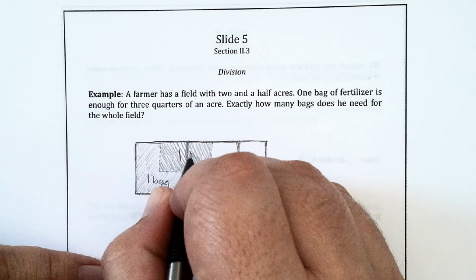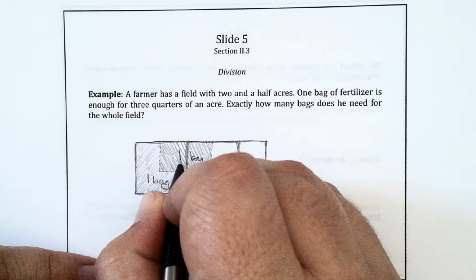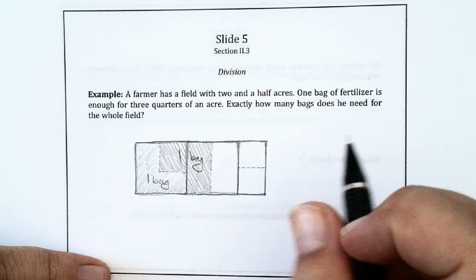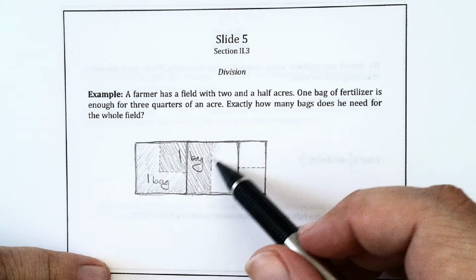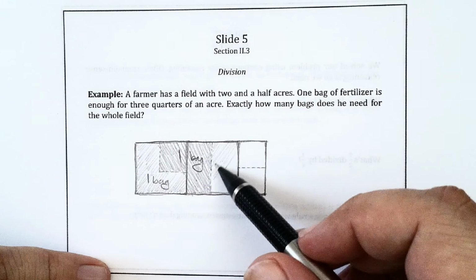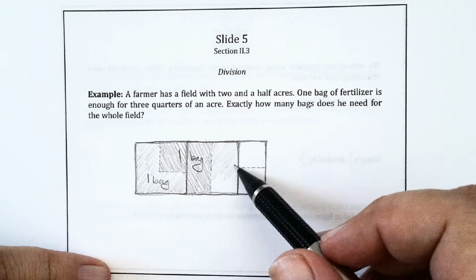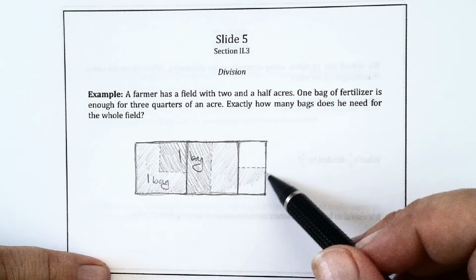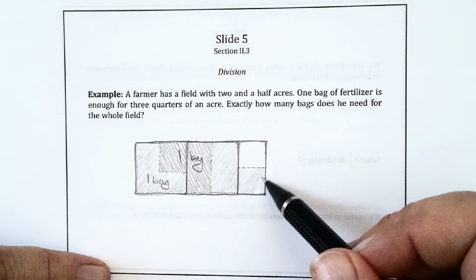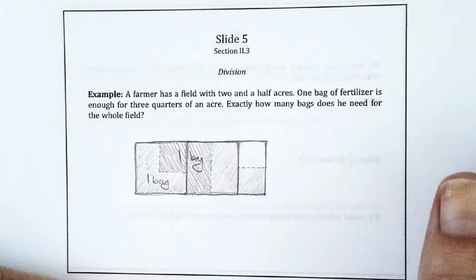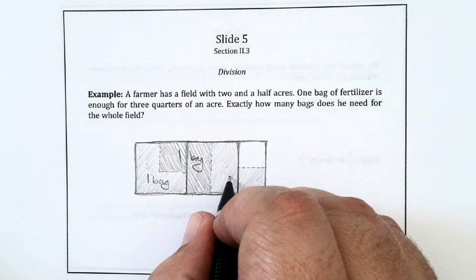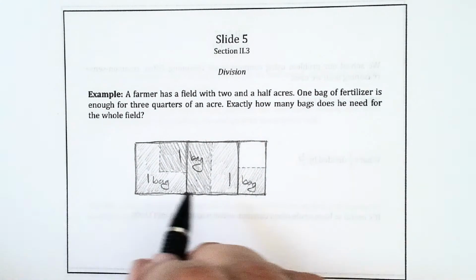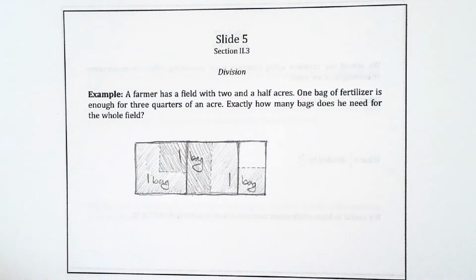So we'll just write 1 bag again. Okay, now he has a third bag. Okay, 1 bag again. So that's 3 bags so far. So it's 3 plus a piece.